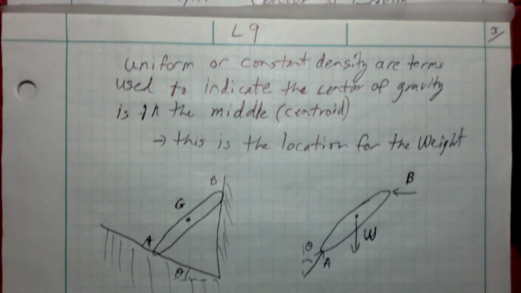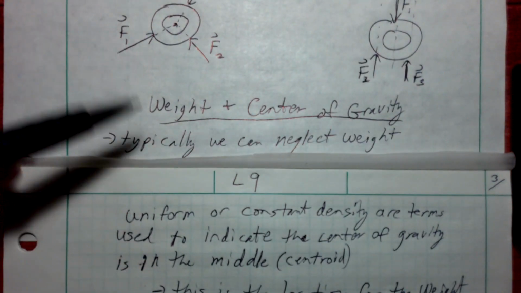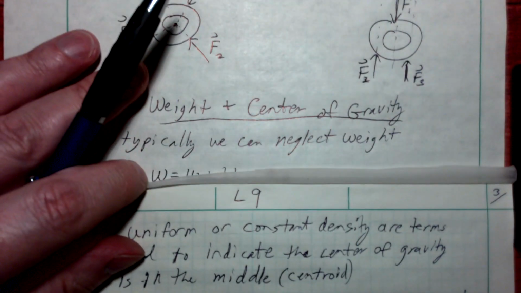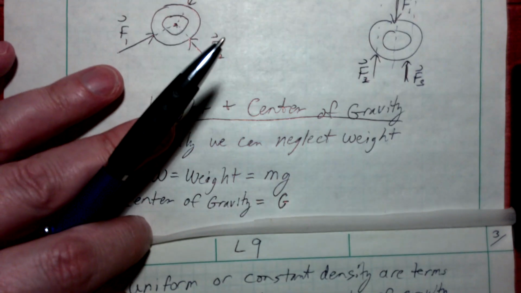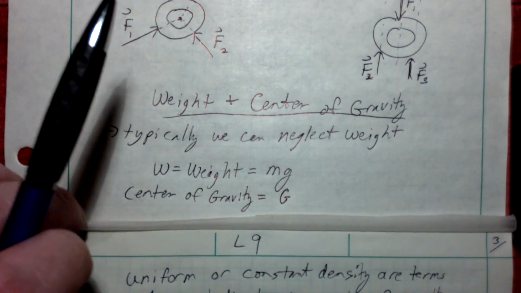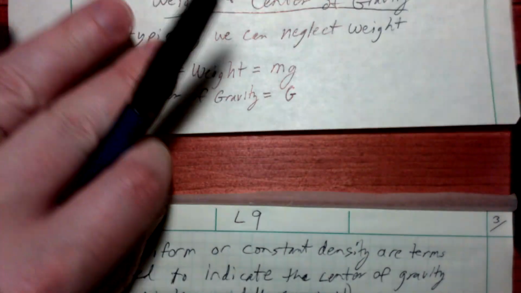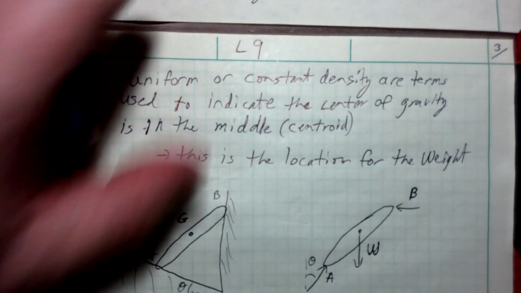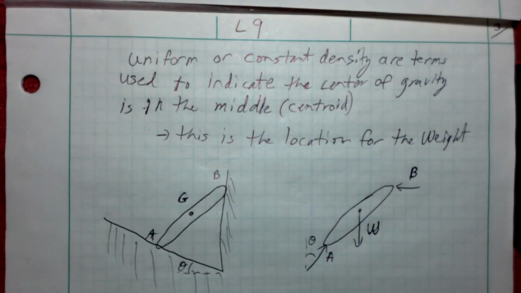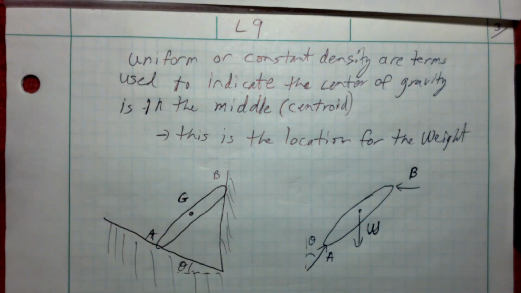Okay, so all that to say, when I'm dealing with weight and the center of gravity, again, we mentioned earlier, typically we neglect the weight, but if we don't neglect the weight, we need to apply it somewhere. Where do we apply it? We apply it at the center of gravity. And unless they've told you differently, you're welcome to assume you just locate the center of gravity, G, right at the middle of the object.